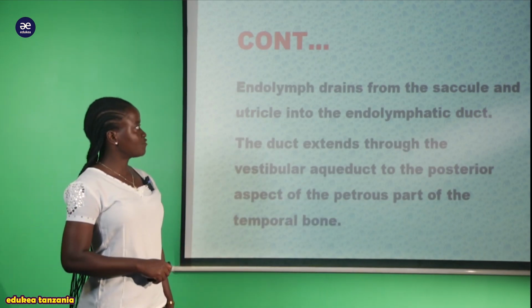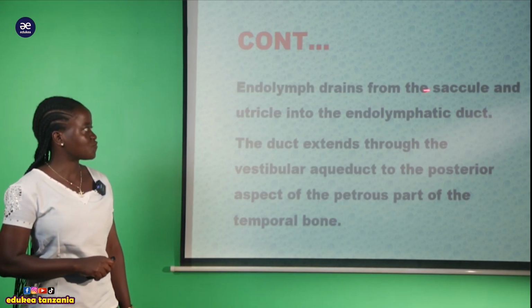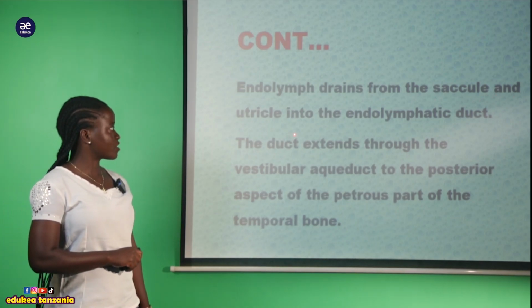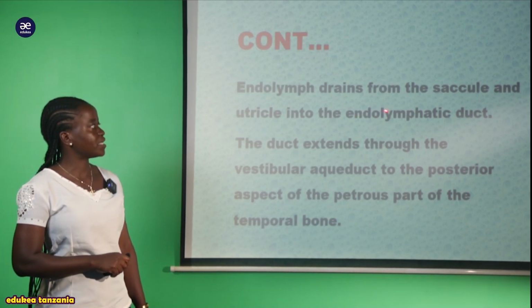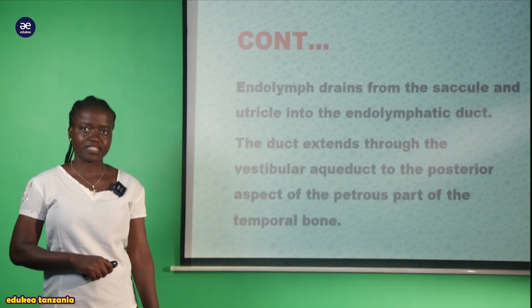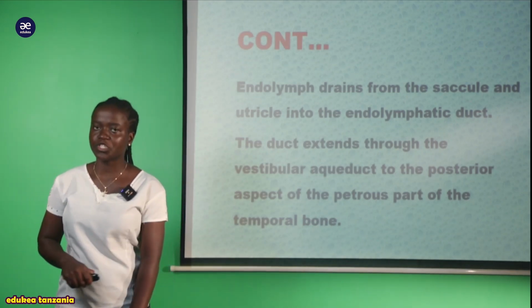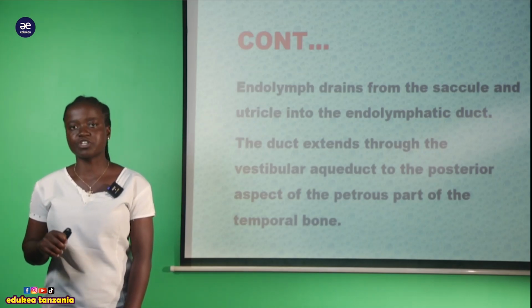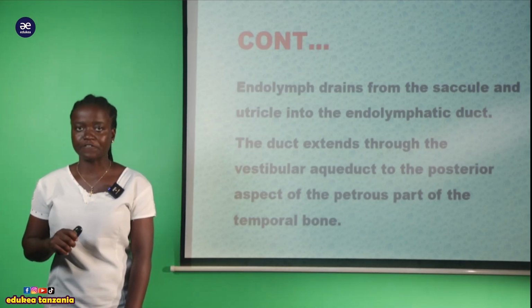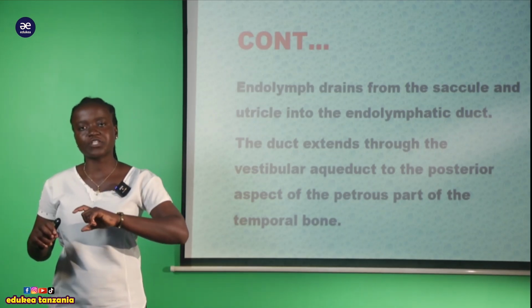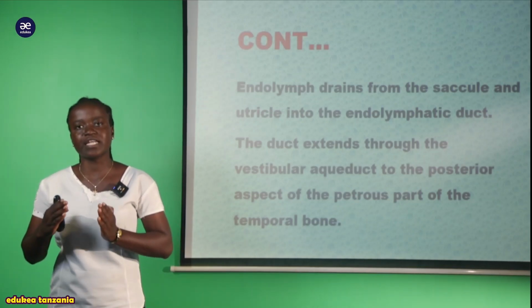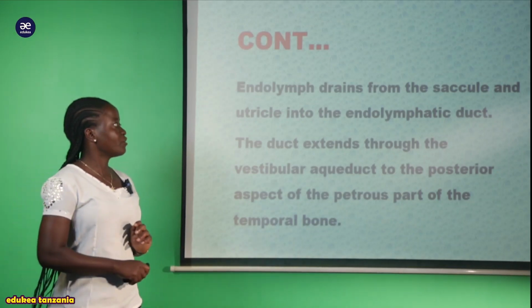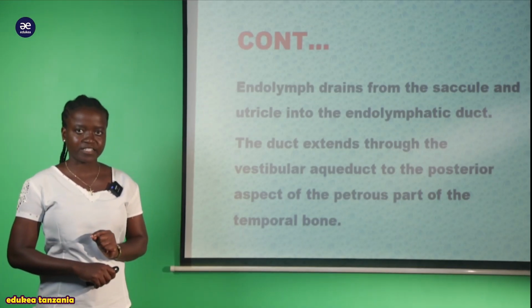But also you have to know that the endolymph drains from the saculi and the utricles into the endolymphatic duct. The fluid which is found within the saculi and the utricles is called the endolymph. But the duct or the tube that contains the fluid is called the endolymphatic duct.